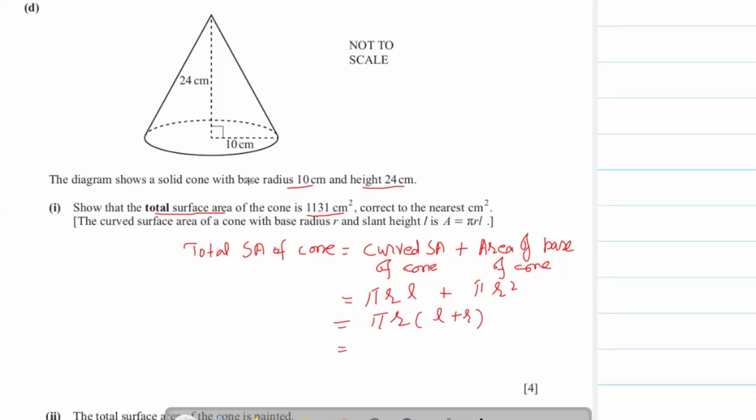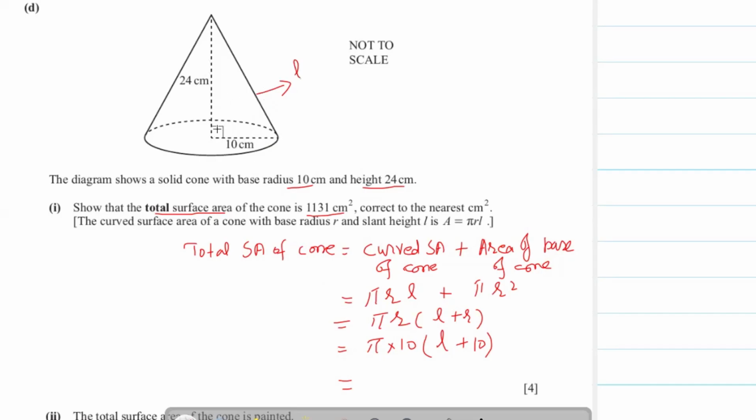Here the radius is 10 centimeter. We write 10 in replace of r, and the slant length is not given here. Firstly, we will calculate the slant length of this cone. After calculate the value, we can calculate total surface area of cone. Look here, this is the slant length.